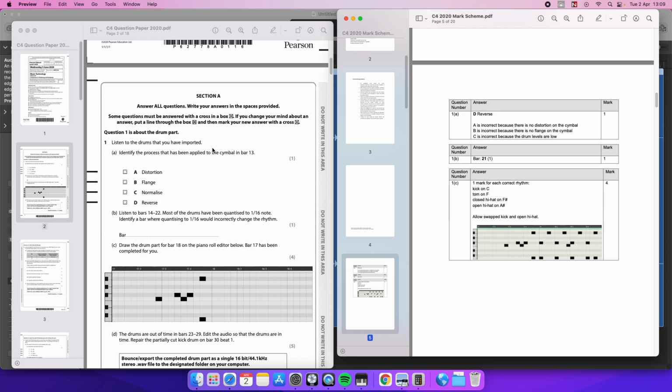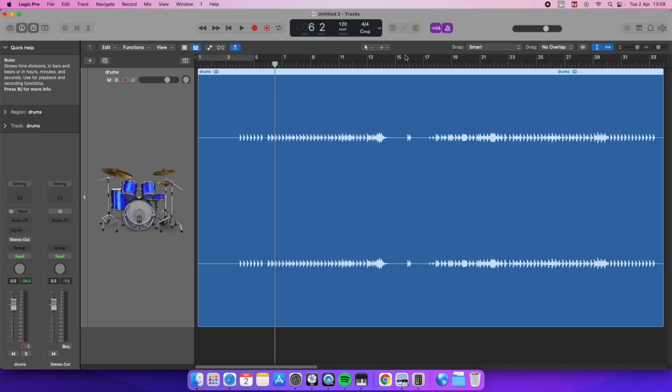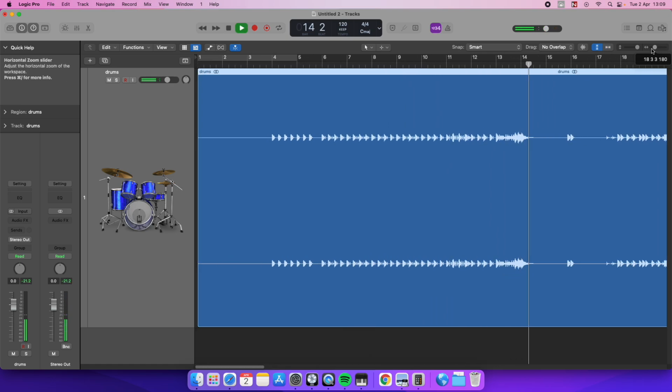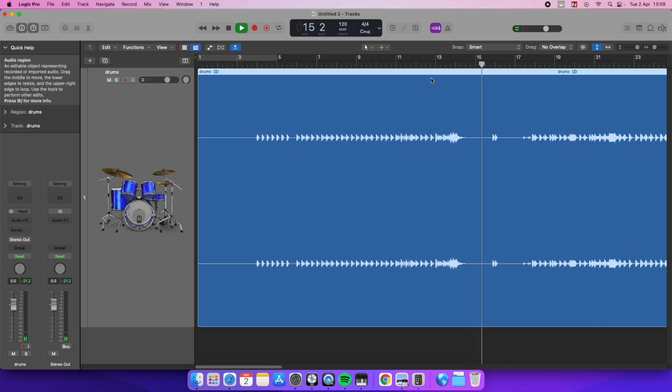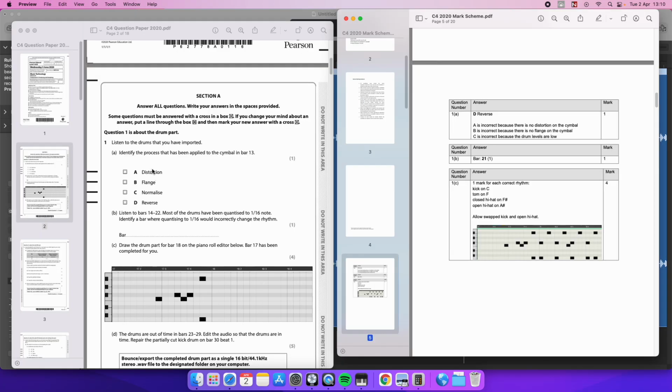So listen to the drums that you've imported. Identify the process that has been applied to the cymbal in bar 13. So what's going on with our cymbal? Again, just turn that metronome off. Sounds like it's been reversed and then it's been struck. So what have our options been?